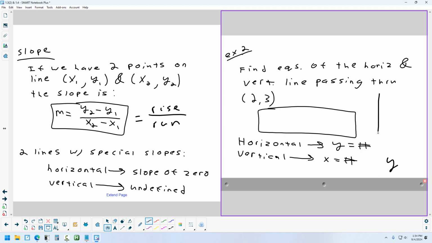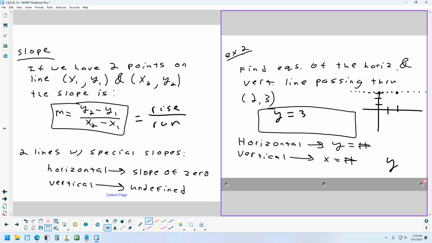So let's say you had the point 2, 3, right there. What would be the equation of the horizontal line that goes right through that point? Yep. Y equals 3.